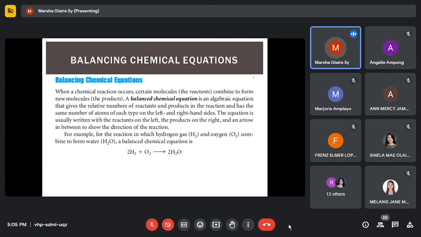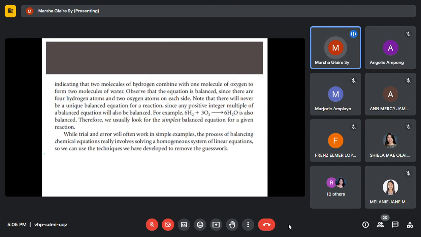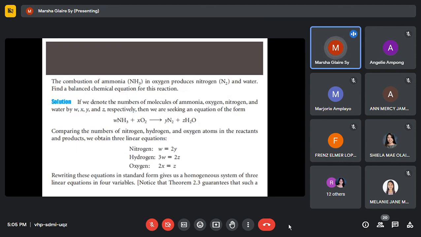For example, we have here hydrogen gas and oxygen combining to form water. So we have here a balanced chemical equation, which is this part right here. So we have here another example. The combustion of ammonia in oxygen produces nitrogen and water. Find a balanced chemical equation for this reaction.